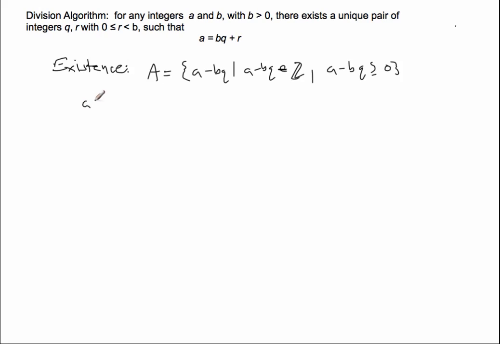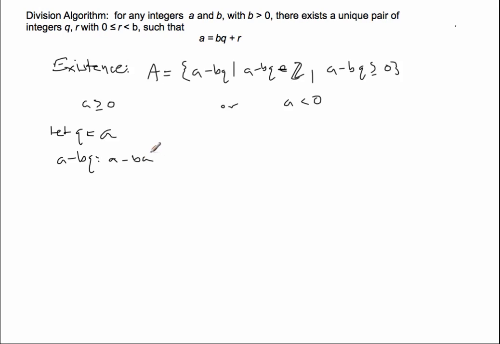Either a is greater than or equal to 0, or a is less than 0. If a is greater than or equal to 0, then we're going to let q equal a. Okay, so then we have a minus bq equals a minus ba.